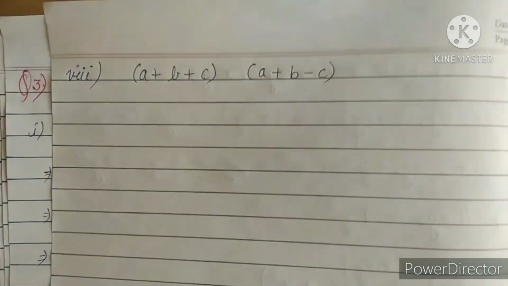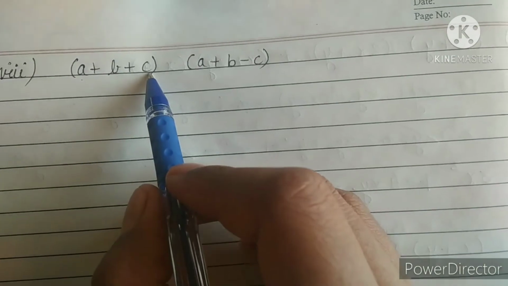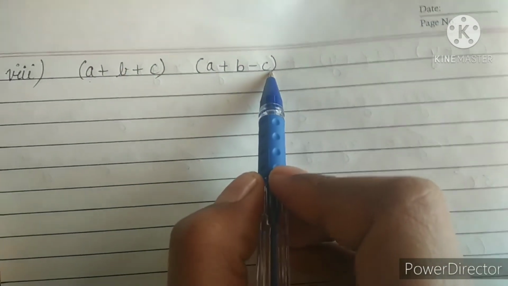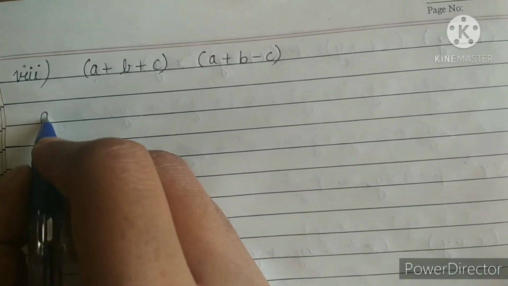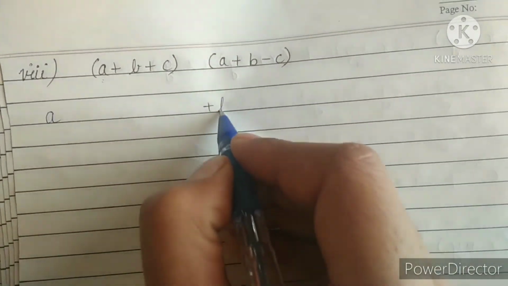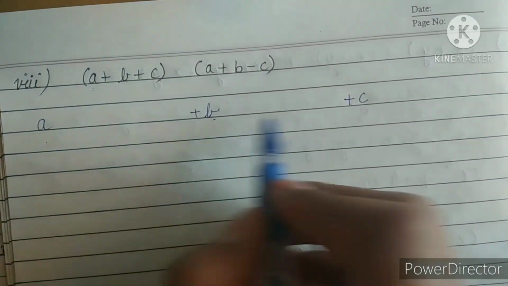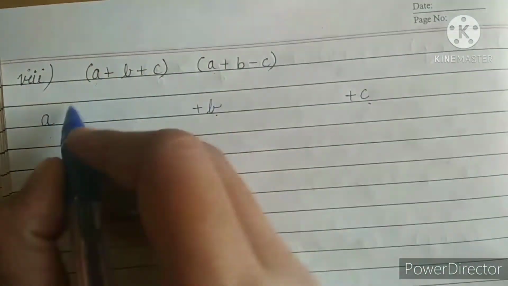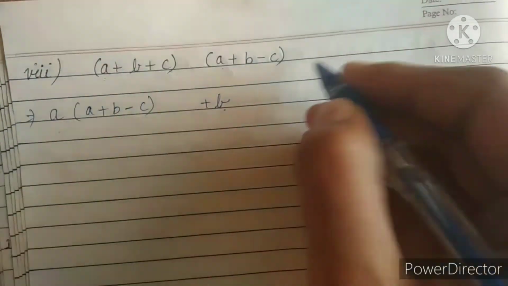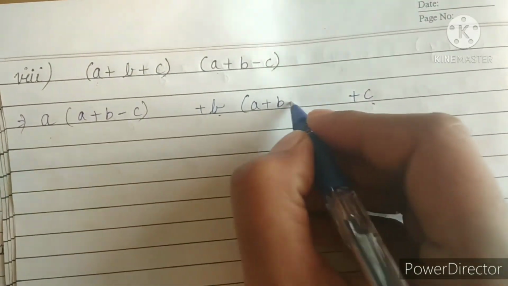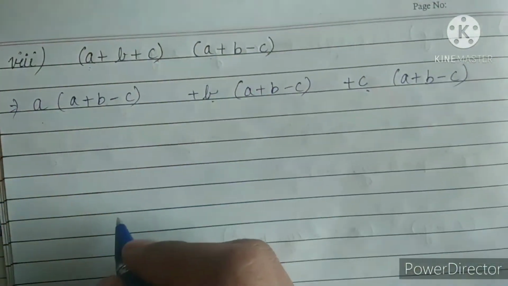8th question, in this question we have the multiplication of a trinomial expression with a trinomial expression. So the first trinomial expression we will distribute like a plus b plus c. Each term will multiply by the second expression, a plus b minus c.